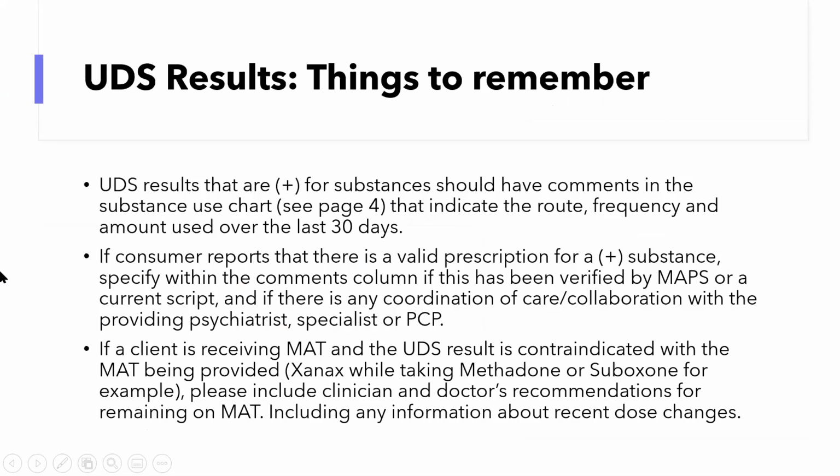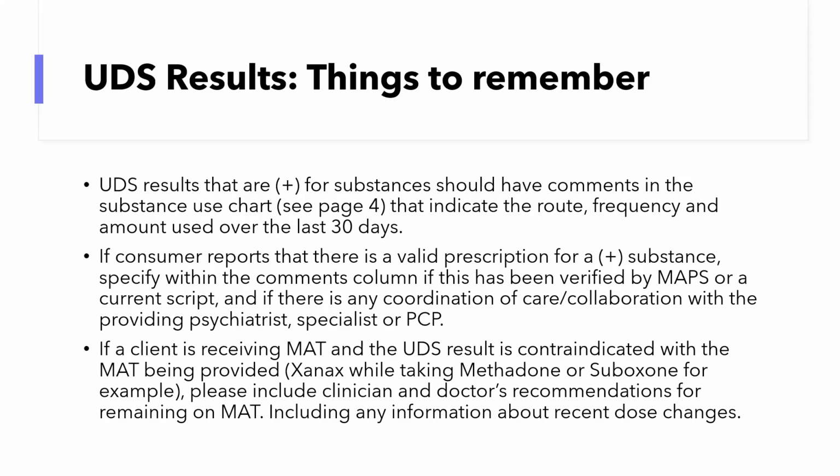So, things to remember with these UDS results. UDS results that are positive for substances should have comments in the substance chart that indicate the route, frequency, and amount used over the last 30 days. If the consumer reports that there's a valid prescription for a positive substance, specify within the comments column if this has been verified by MAPS or current prescription, and if there's any coordination of care or collaboration with the providing psychiatrist, specialist, or PCP.